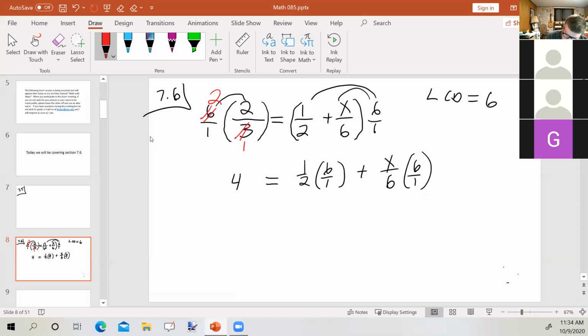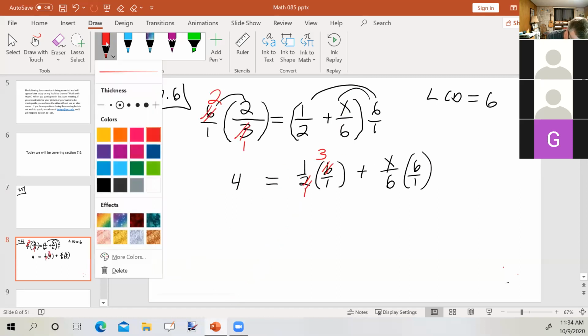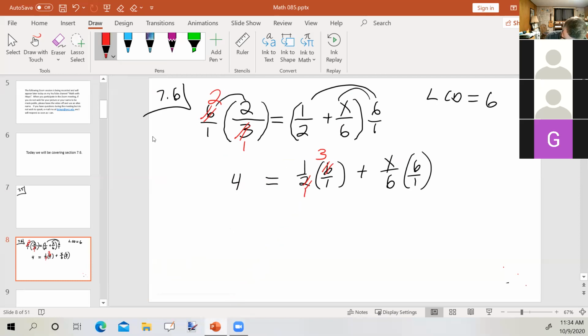When I go back and reduce each of those fractions, 6/2 is 3/1. And x over 6 times 6/1, 6/1 is 1/1. So I've got 4 equals 3 plus x. And voila, the fractions are gone.